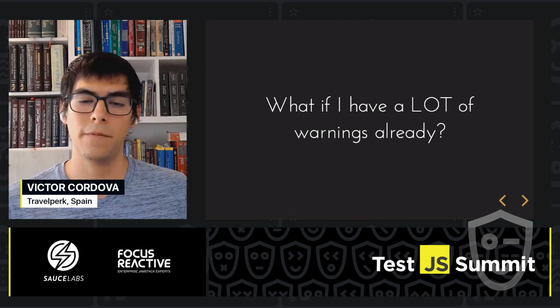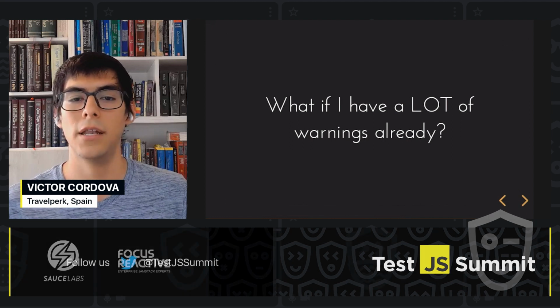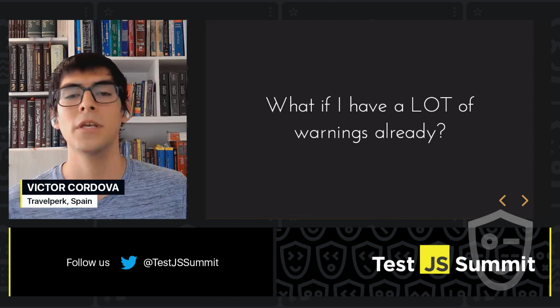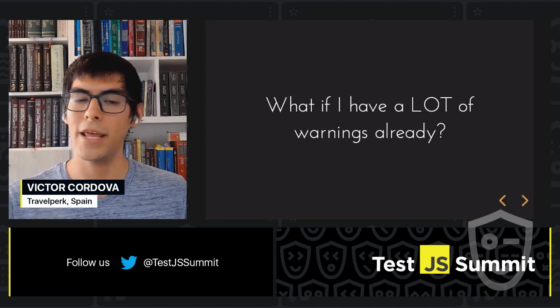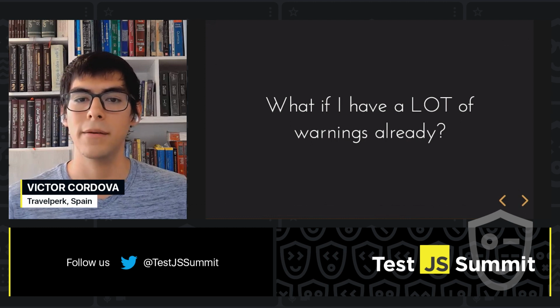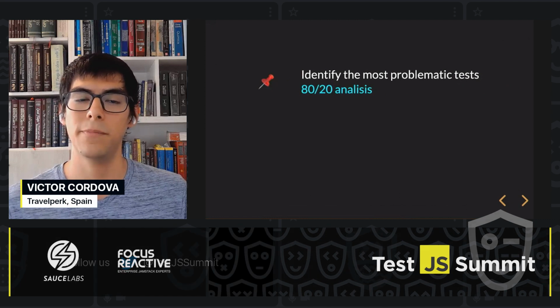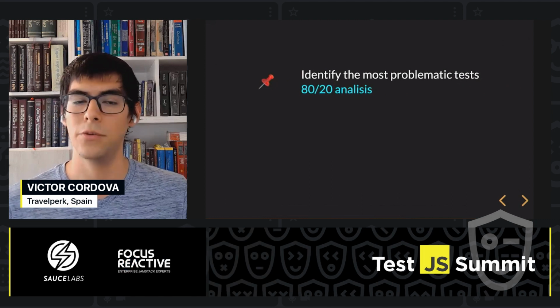Now, we live in a world where projects usually have these large amounts of warnings, as I mentioned before. So what do we do if we already have a lot of them? This kind of project, like I presented, will prevent new ones from being added. But what do we do about the other ones? I would just suggest doing a very simple analysis and distribution of work.